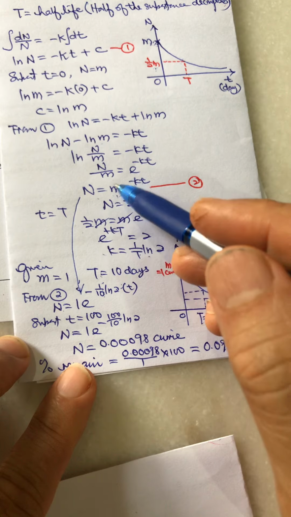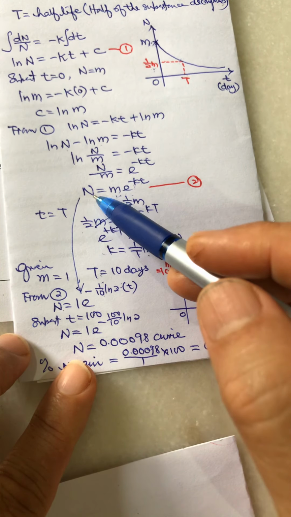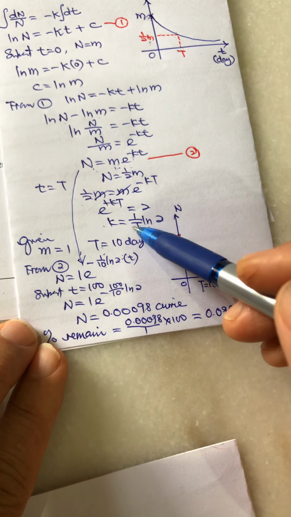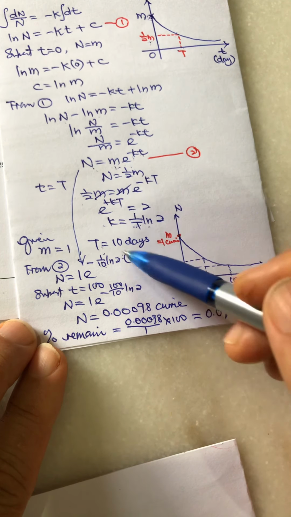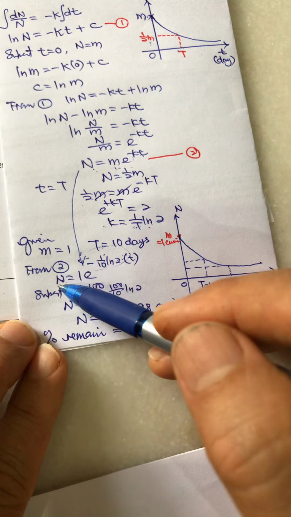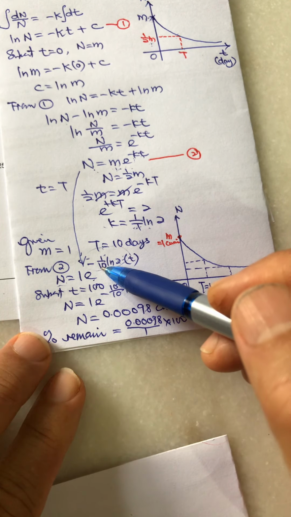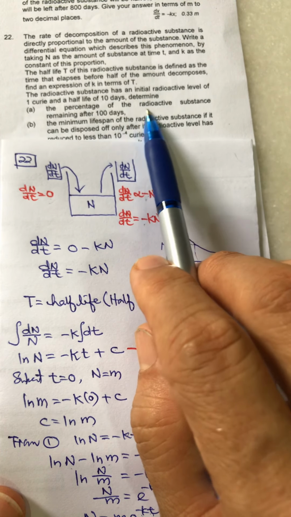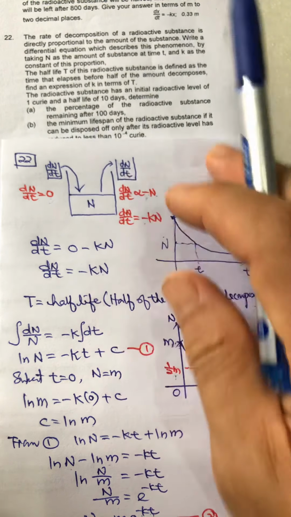We put in everything here: m is 1, k is 1 over T, which is 10, ln 2, and then t. So that's why I get this. I simplify, I get this.